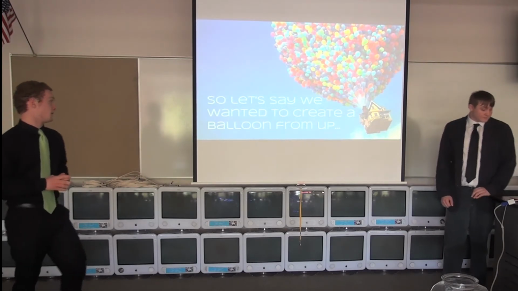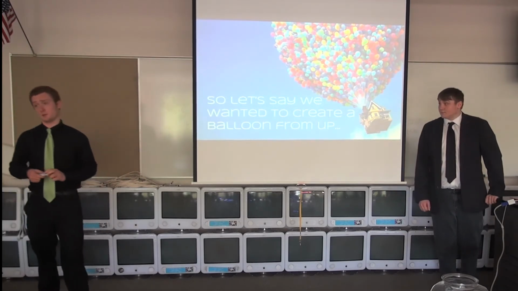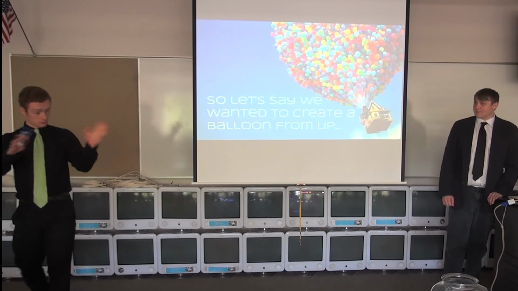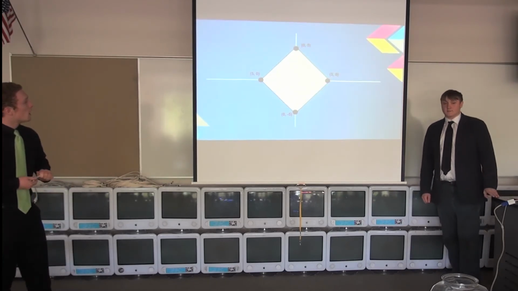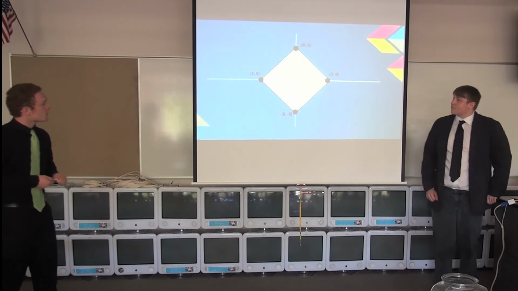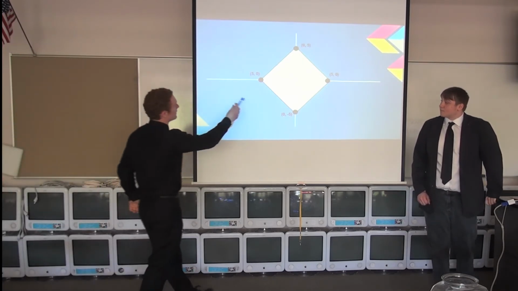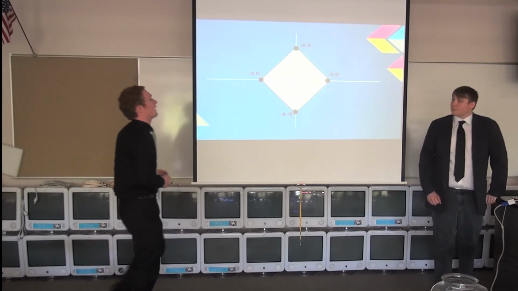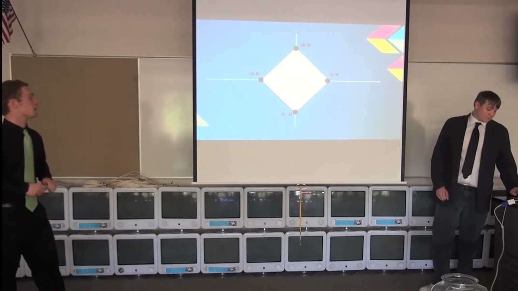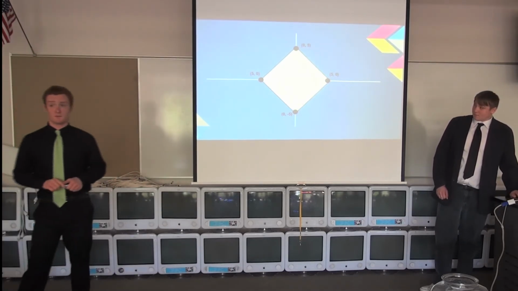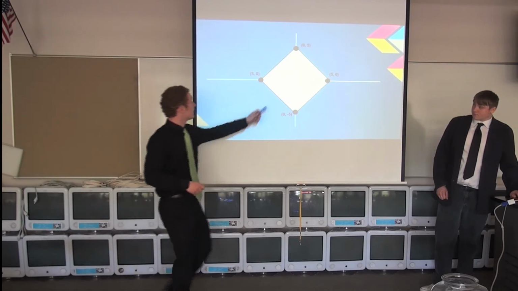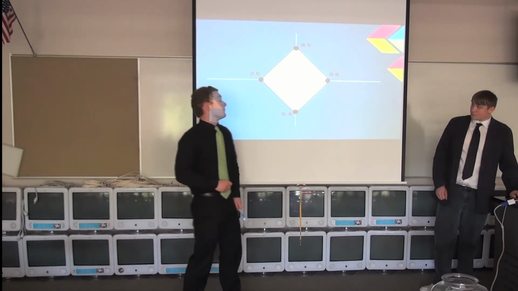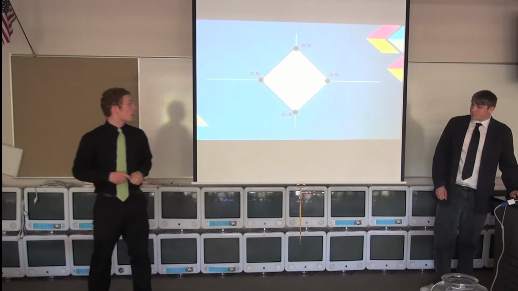So let's say we wanted to create a balloon. I would start out with a diamond, which I created here on this plane. As you can see, each length is 5 units long and it is perfectly a square. What we would do first to create the subdivision is subdivide each of the segments in the middle, and place a point there.